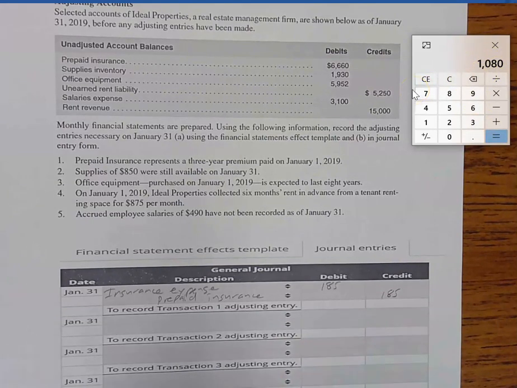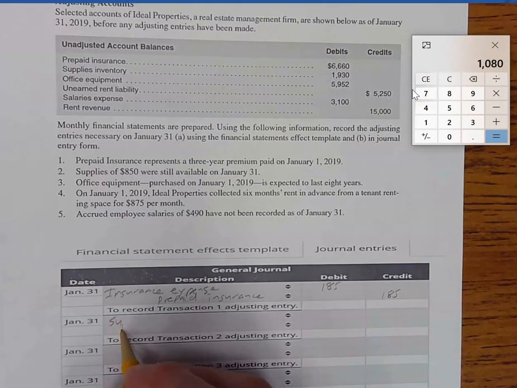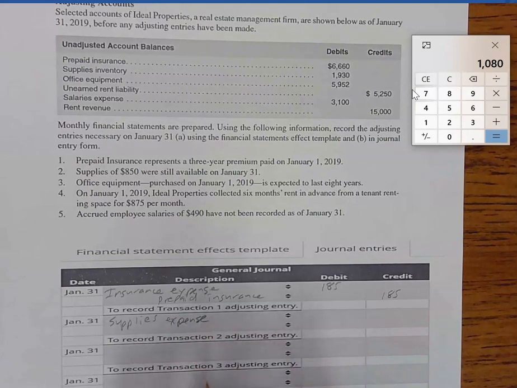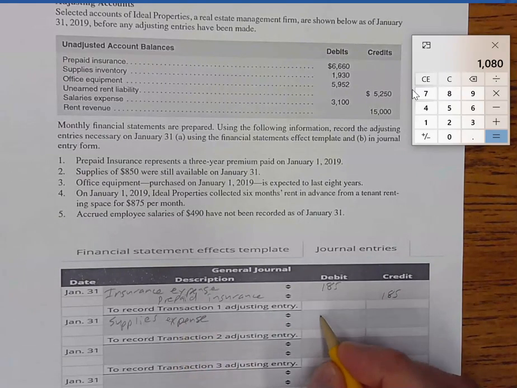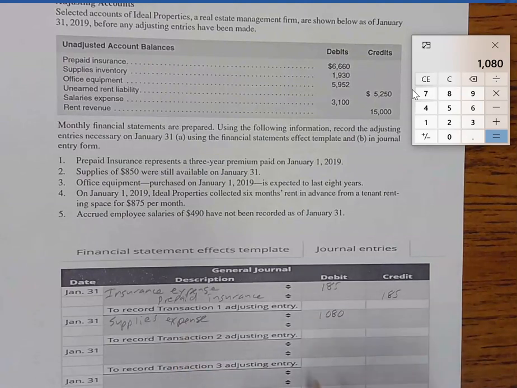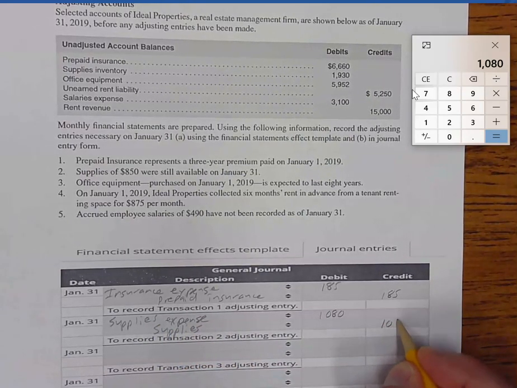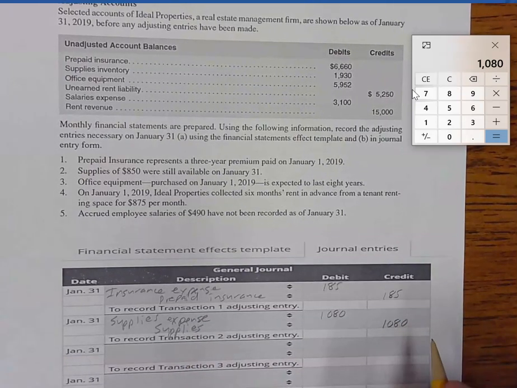This is also an expense of a deferred asset, it's just that we can't predict exactly how much we're going to use in supplies. So this entry would have to be made manually. Supplies expense is $1,080, and then we would credit our asset account, supplies, because it's gone down, for the same $1,080.